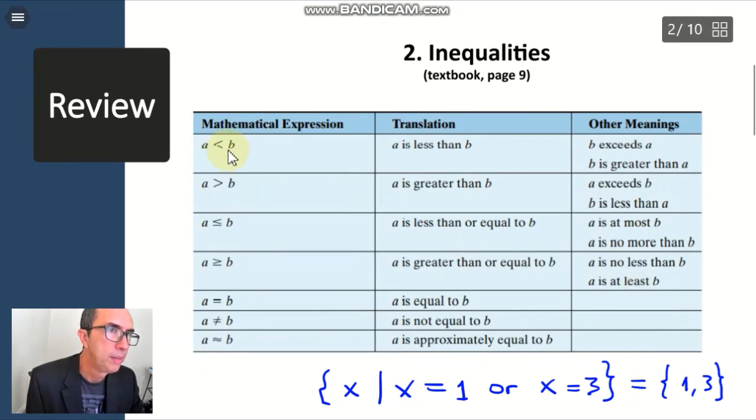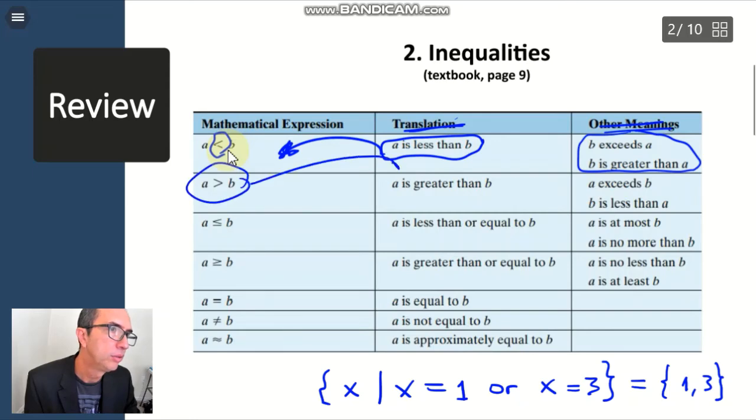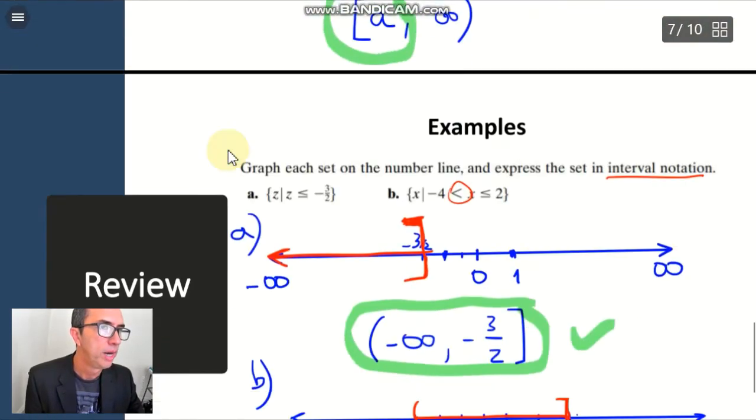When you have this symbol of inequality, you can translate it as A is less than B, or B exceeds A, or B is greater than A. Another thing that you sometimes need to do when you have a math problem is translate from these words into math. Now we are translating math into words, and sometimes you have to translate from words to math, and that's what we're going to do right here.